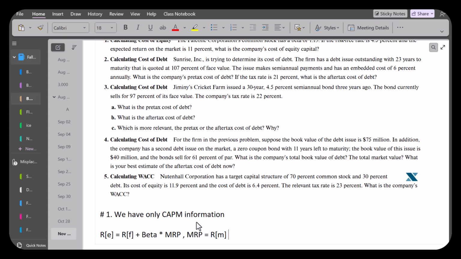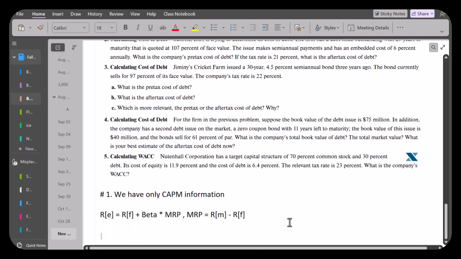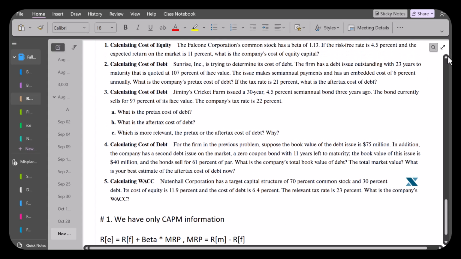So on this number one, what is the risk-free rate? Come on, guys, it's not that complicated a question. 4.5.